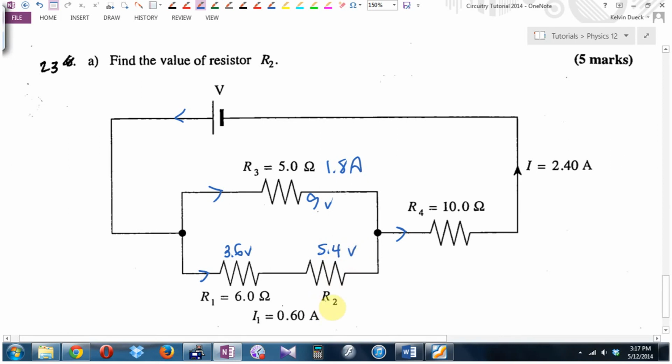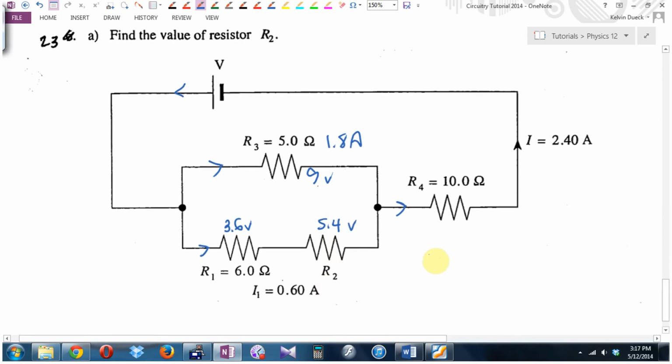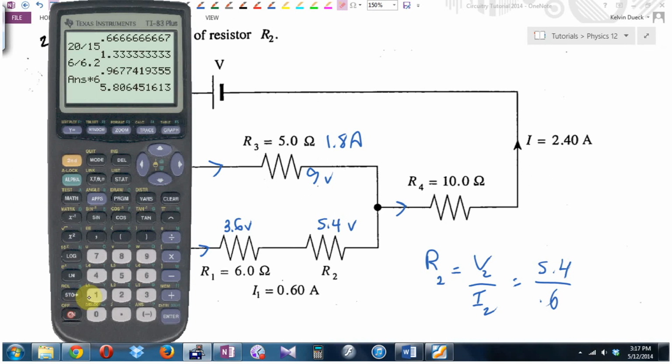I'm done, because they said find resistor R2. R2 is going to be voltage 2 divided by current 2. What did we say voltage 2 was? 5.4 divided by, what's current 2? Current 2 is also the current going through 1 because there's no junctions between it. 0.6. So 5.4 divided by 0.6, I think it's going to be 9. Yeah, 9 ohms.